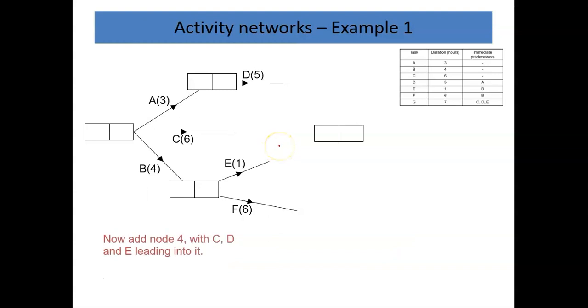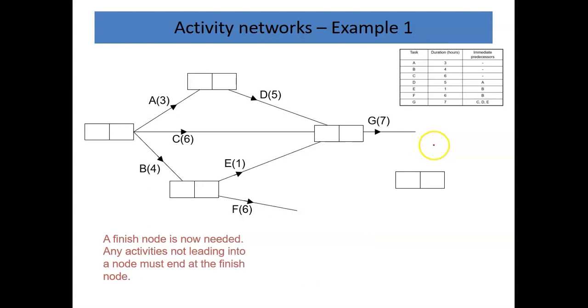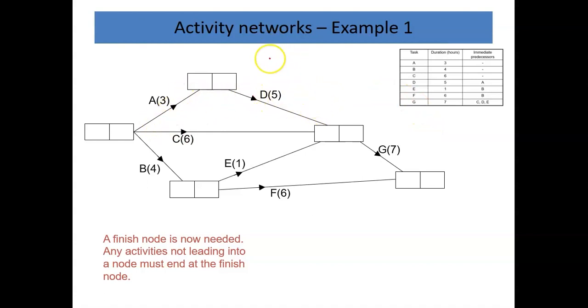So now these go into G, and G is there. Now, you usually end up with a little box which says I've finished now. So here it is, and you'll notice I've completed my activity network. This is the proper activity network. I didn't need any of those dodgy dummy activities that I talked about earlier, which is good because they're a pain in the bum.